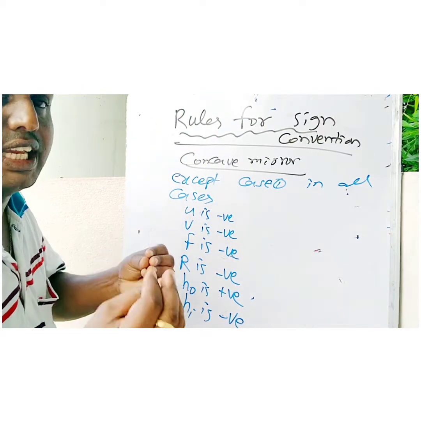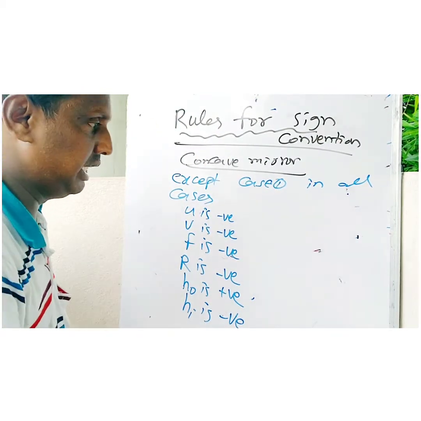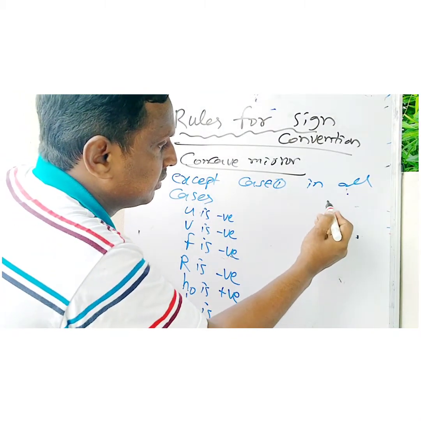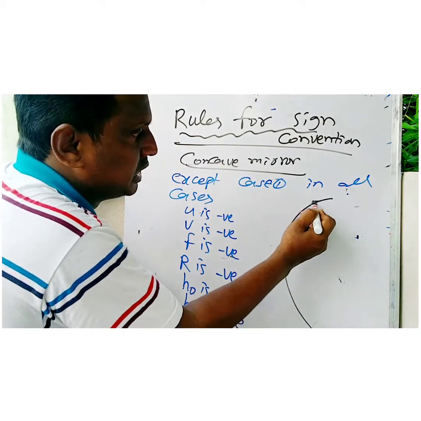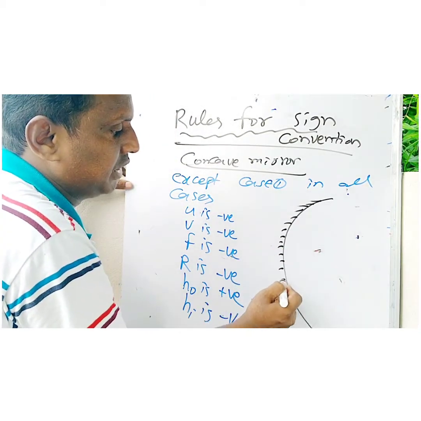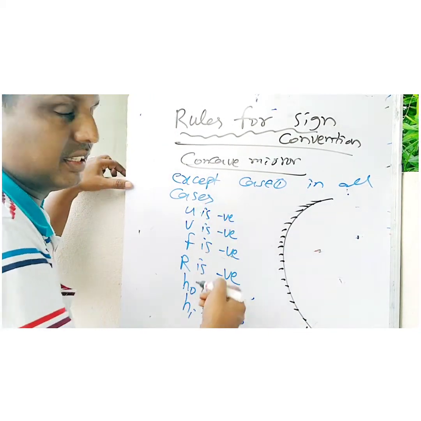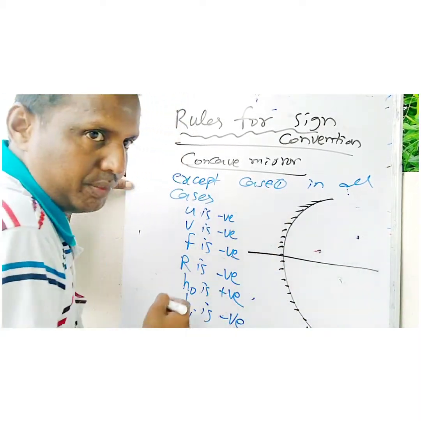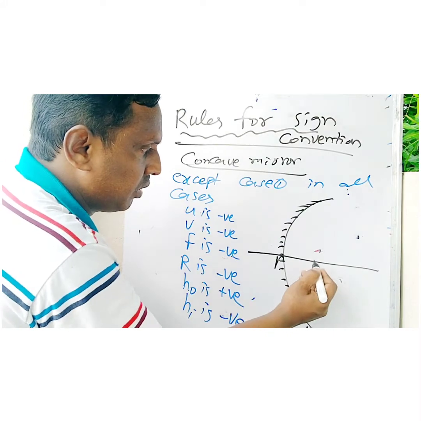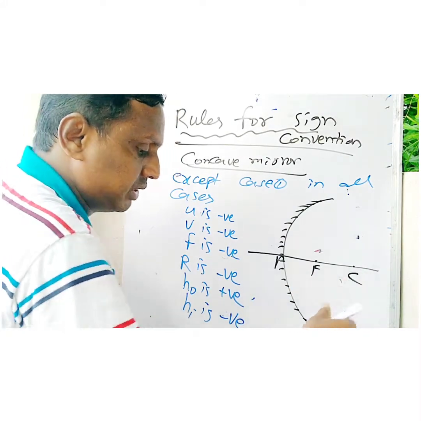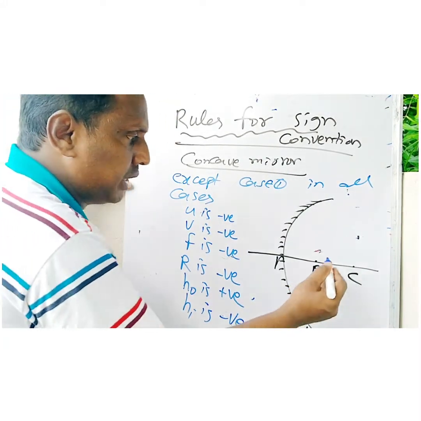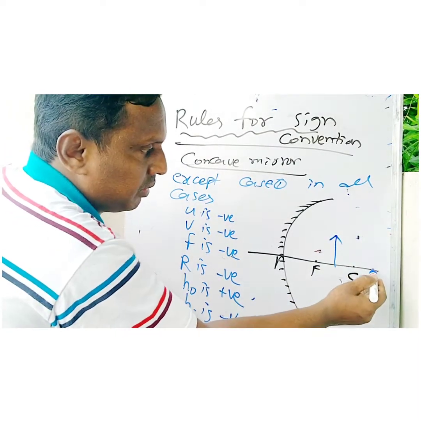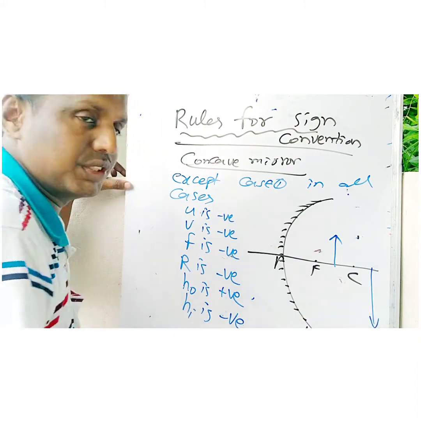For example, we will take any one case, that is case 3. We can discuss this convention by using case 3. Concave mirror only: pole, focus, center of curvature. In case 3, the object is between F and C, and the image is formed beyond the center of curvature.